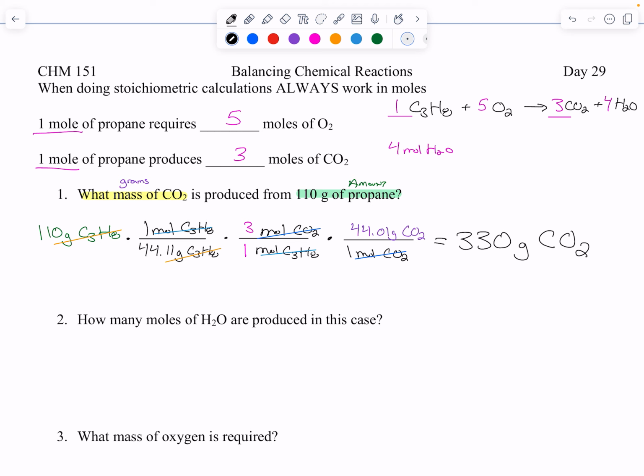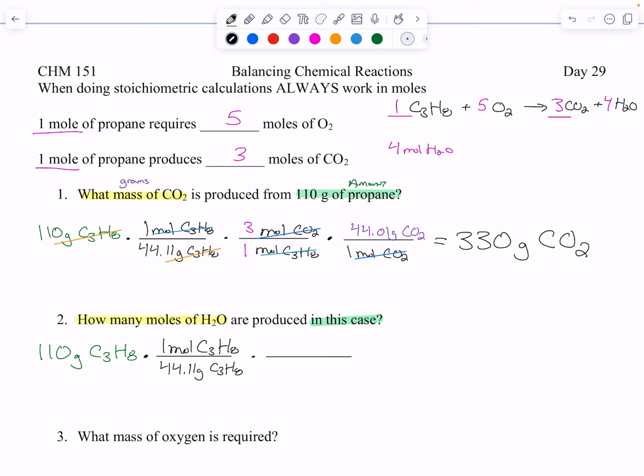All right. Now, the next question is not mass. It asks how many moles of H2O are produced in this case. In this case, it's still the 110 grams of propane, so it's going to look very similar. 110 grams of propane, same thing to start. And we're going to move that back into 44.11 grams of C3H8 is 1 mole of C3H8.